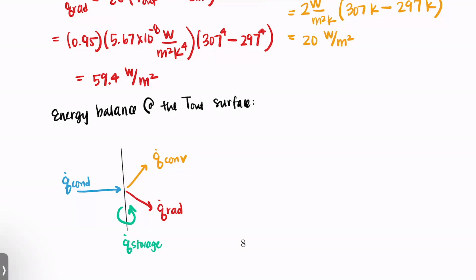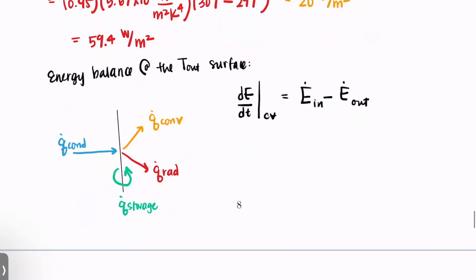All right, our conservation of energy equation looks like this. So we have the change in energy with respect to time over a control volume is equal to E dot in minus E dot out. This term on the left-hand side is Q dot storage. And the right-hand side is essentially the in versus out from the picture that I've just drawn here.